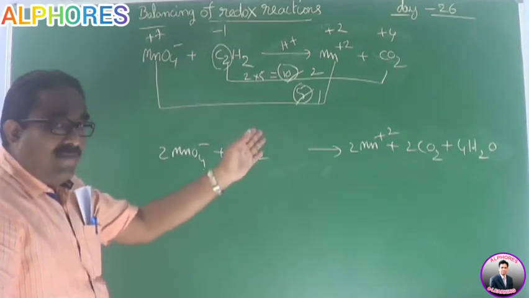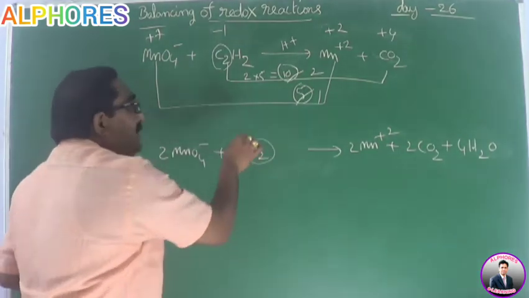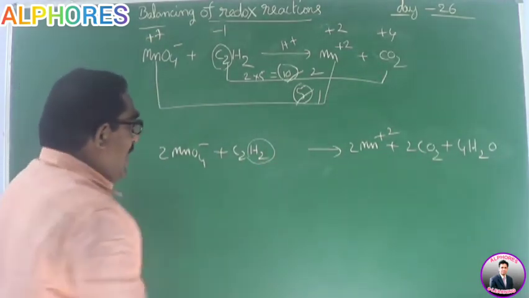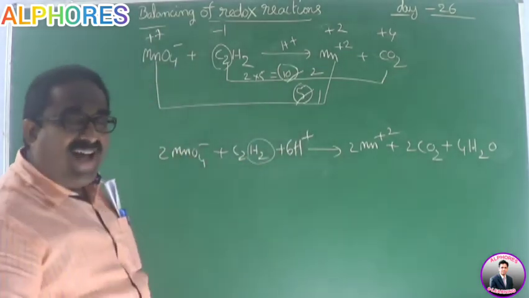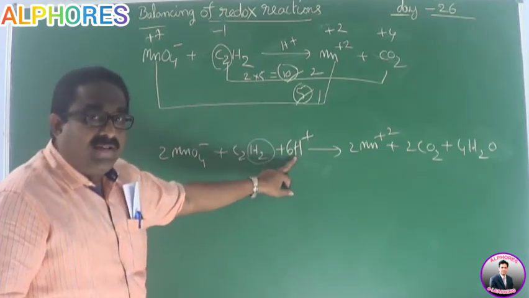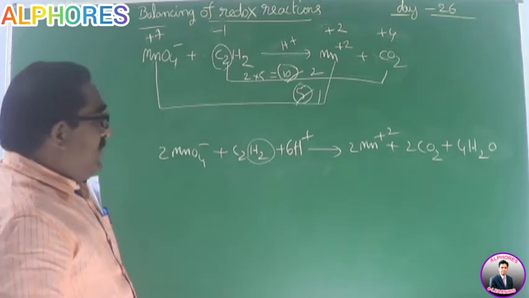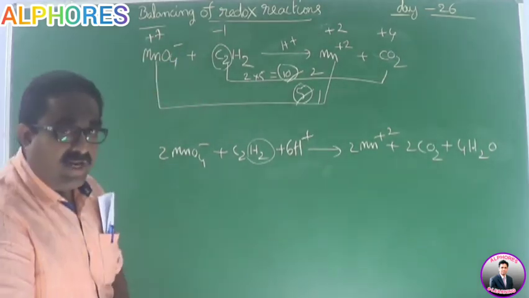We never count 4 into 8 after the addition of water. No, here 2 hydrogens are there already. That is 8, this is 2. Only 6 are left, so it is exactly balanced with 6 H plus ions. So try to avoid this type of mistake in the examinations. Okay, please note it down. This is the final balanced form of this given redox reaction.